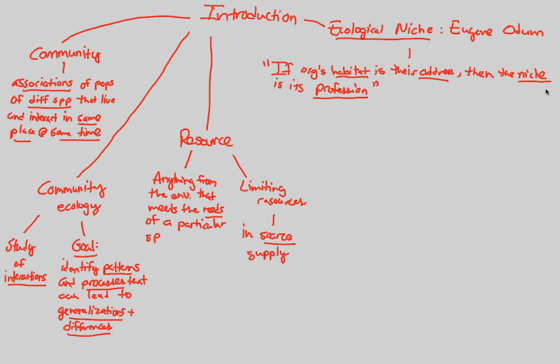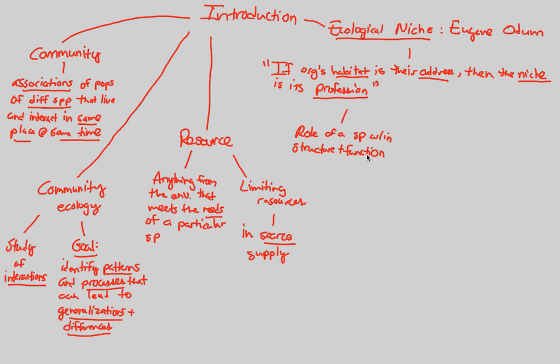We can further define a niche as more than just a profession. We can give it some ecological backbone, and we can say that it's simply what I would consider the role of a species, and we're only focusing on one species, within what we would call the structure and function of a community.